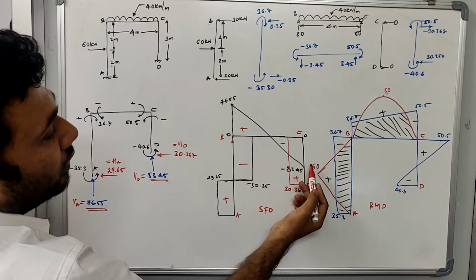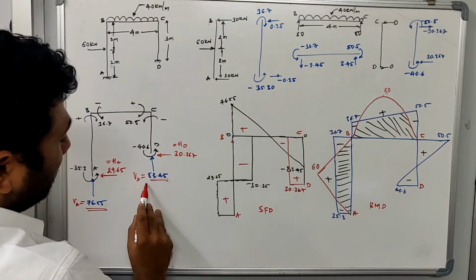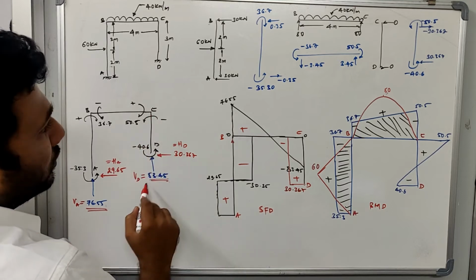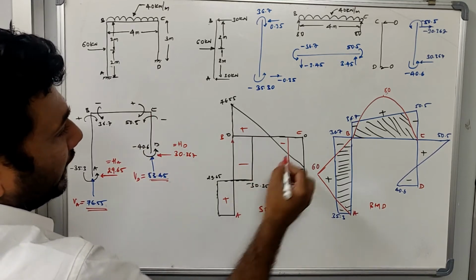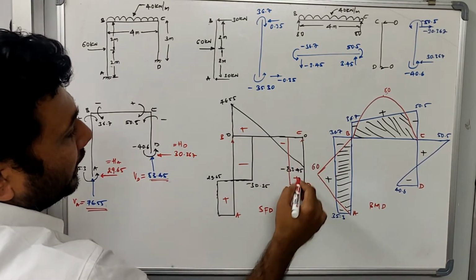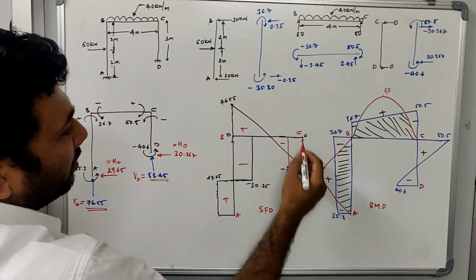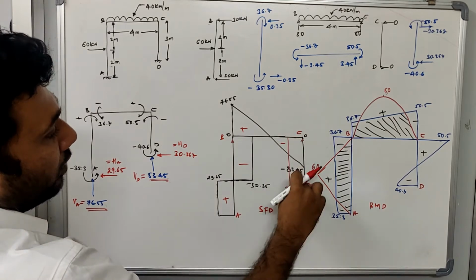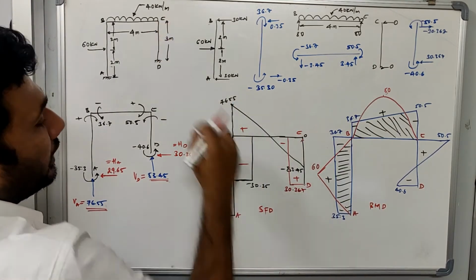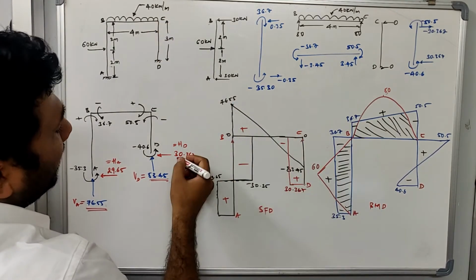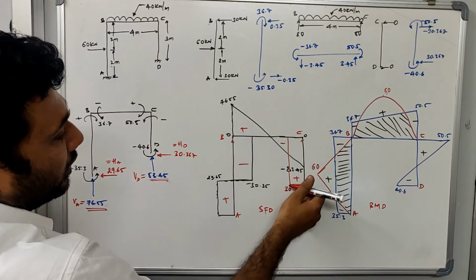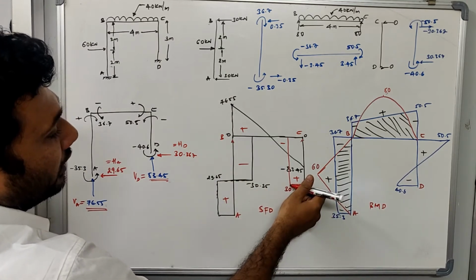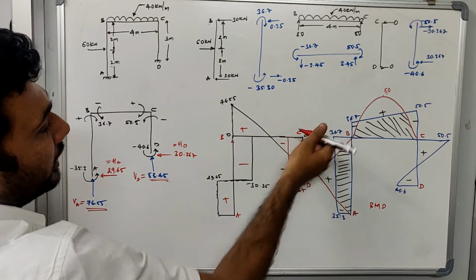If you go to the right, you need to add the reaction VD, because whatever reaction is applied at D will be the reaction applied at C. So minus 83.45 plus 83.45 becomes 0. Now going to member DC, the horizontal reaction at D is 30.67, so this 30.67 will be here, and this will continue till this point, then it will become 0.